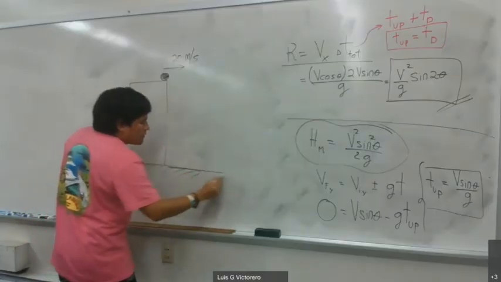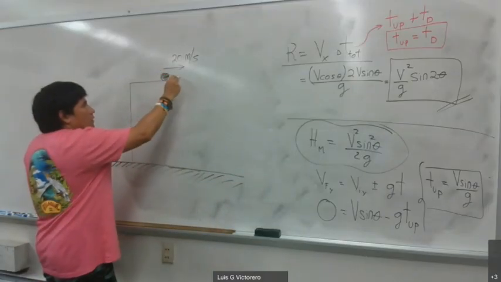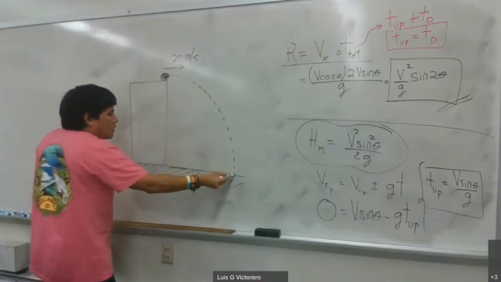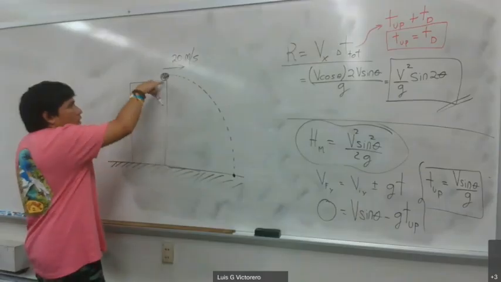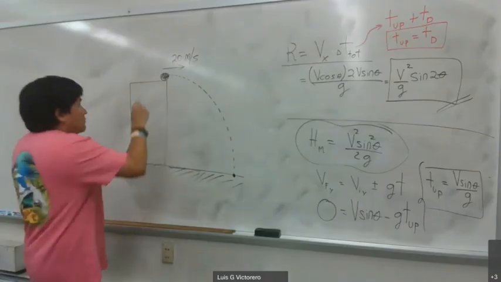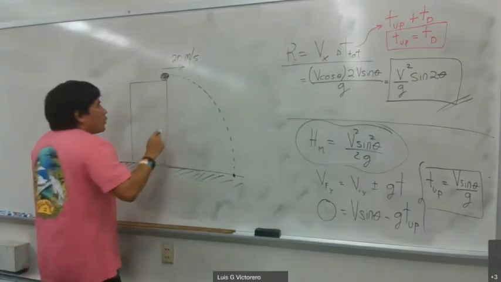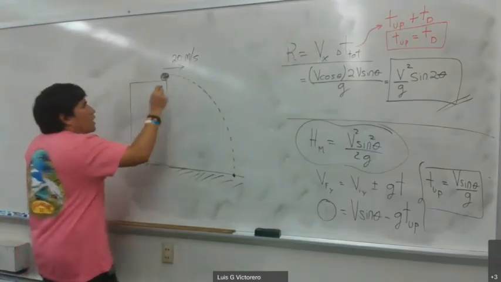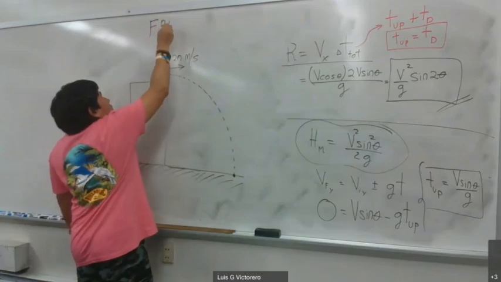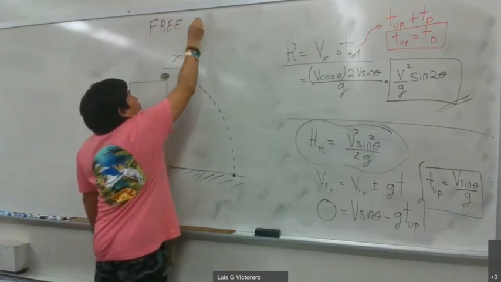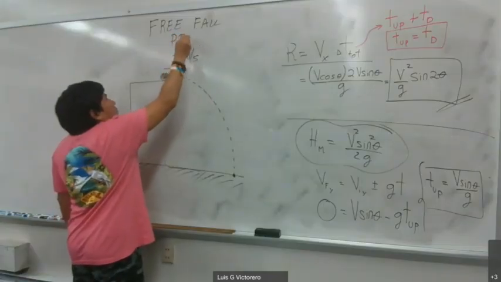And due to that, it's going to land. Because the object was at rest, and then you kick it horizontally, we call this free fall projectile motion.